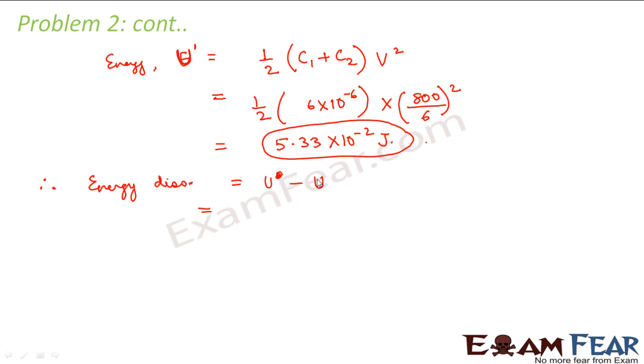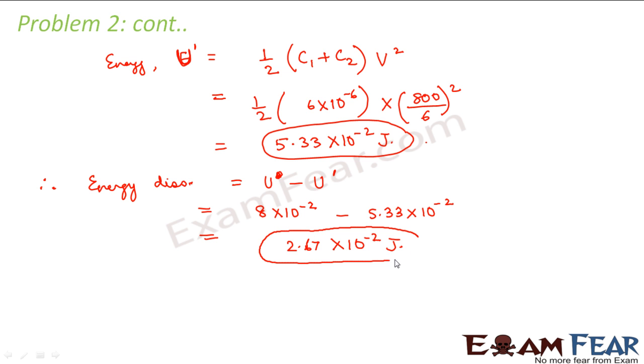So the energy dissipated is U minus U dash. So what is U? 8 into 10 to the power minus 2 minus 5.33 into 10 to the power minus 2. So this comes out to be 2.67 into 10 to the power minus 2 joules. So this is the amount of energy which is dissipated in the form of heat and electromagnetic radiation.